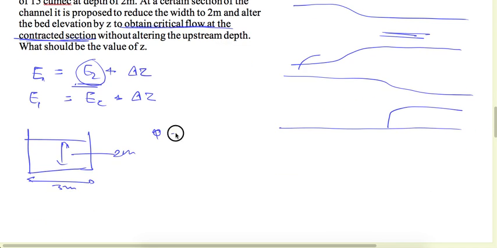So this is the channel, 3 meter wide and depth is 2 meter. Q is given, which is 15 cubic meters per second. And so V is equal to 15 by 6, which is 2.5 meter per second.